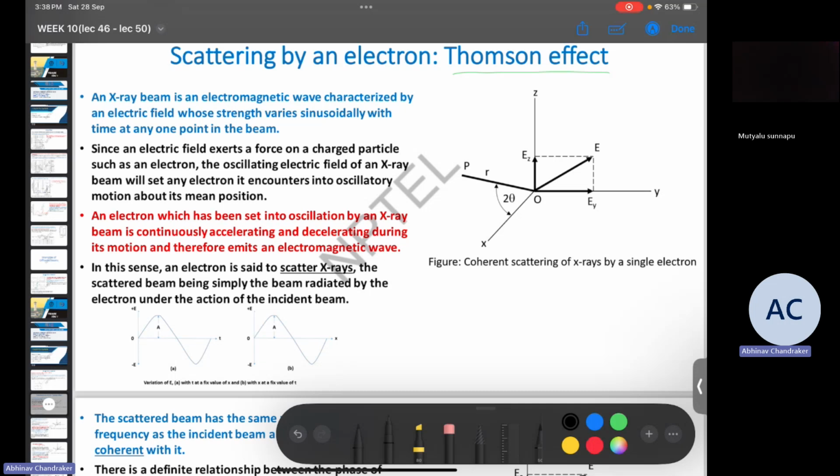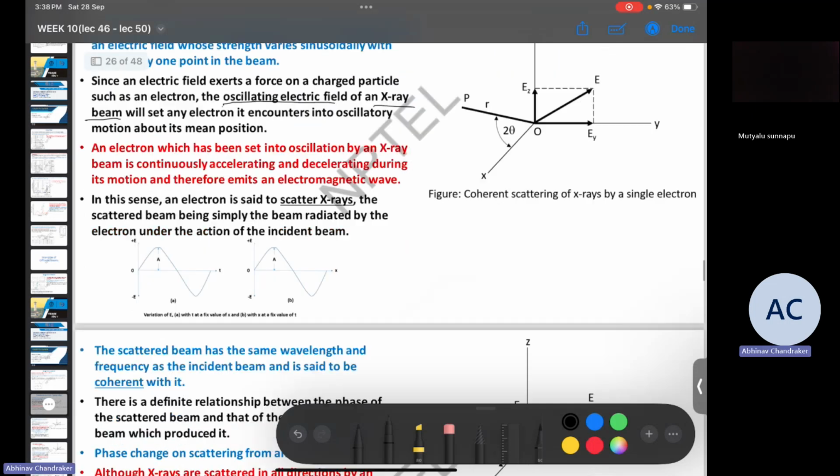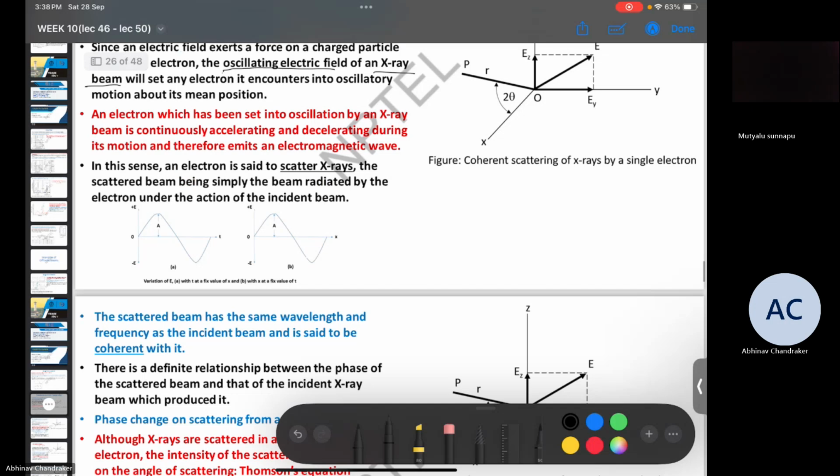Due to the oscillating electric field of the X-ray beam, there will also be an oscillation of the electrons of the atom, and that oscillation leads to generation of radiation, since there is a change in the acceleration of a charged particle. So some energy will be lost as radiation, and this energy loss is due to oscillation of the electron.